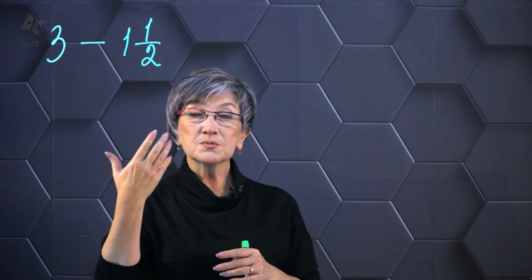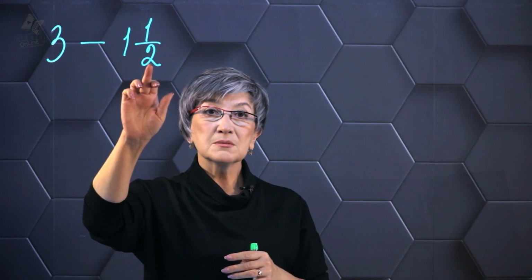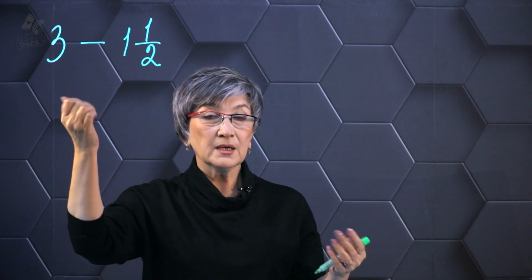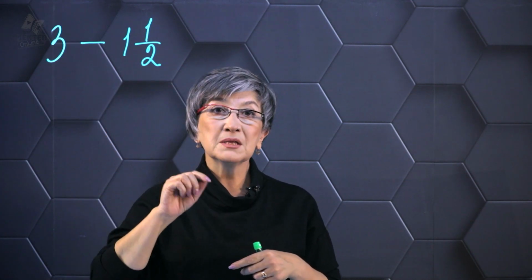This mixed number has a denominator of 2, and the first number has no denominator. So what do we have to do? We have to make this denominator appear here. Denominator, that is the fractional part.